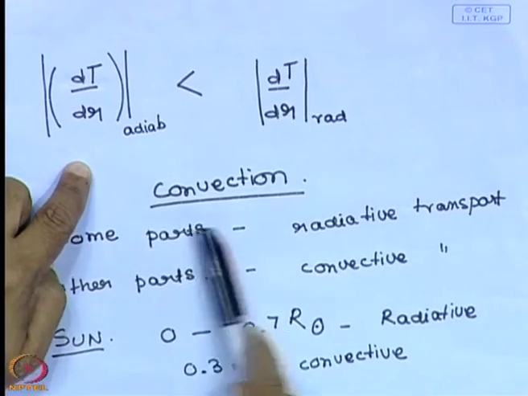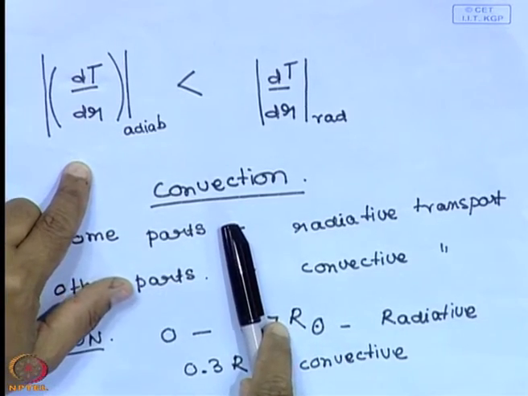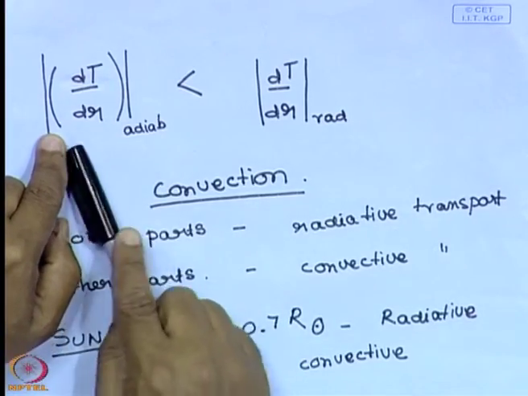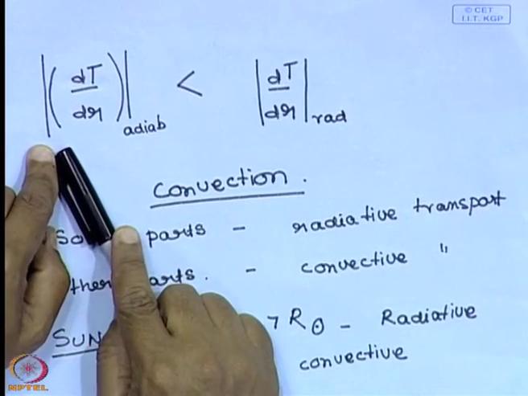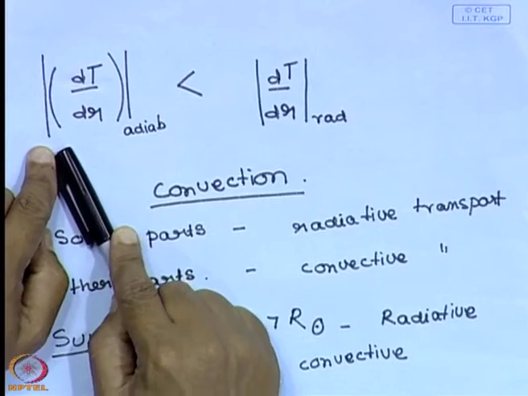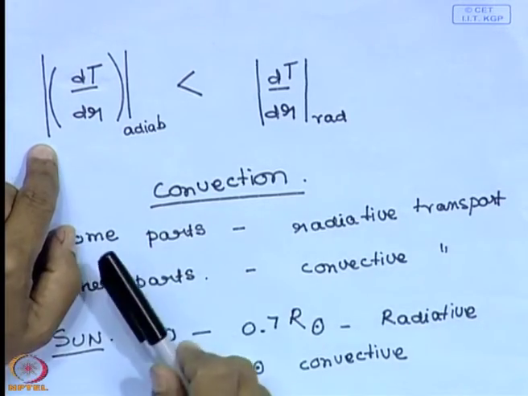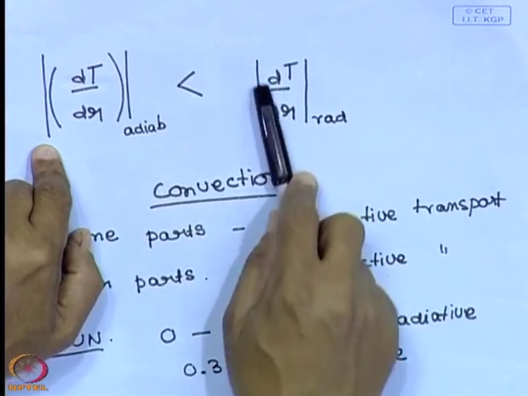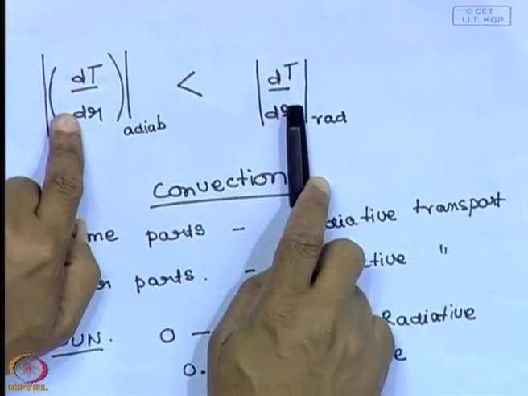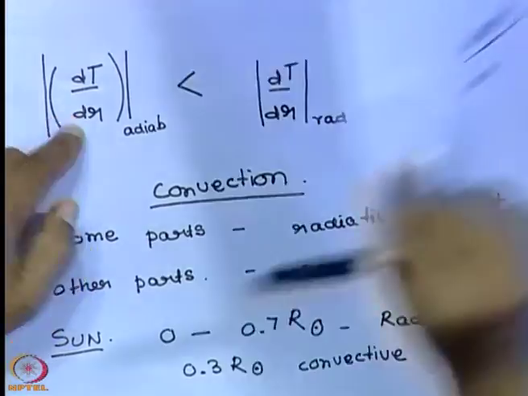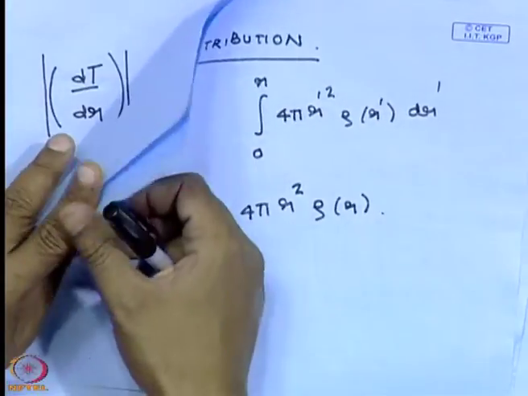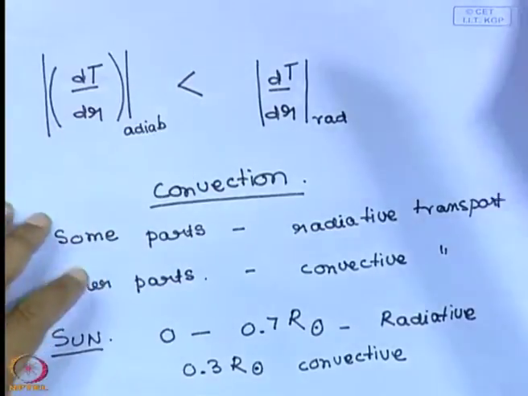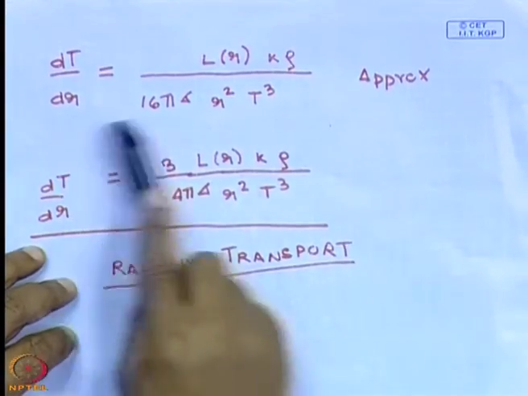Okay. So, convection is a very efficient energy transport mechanism. The moment you have convection, the temperature gradient does not exceed this value. So, the bottom line of this discussion is that when the temperature gradient due to radiative transport is less than this value, you have the temperature gradient given by this.